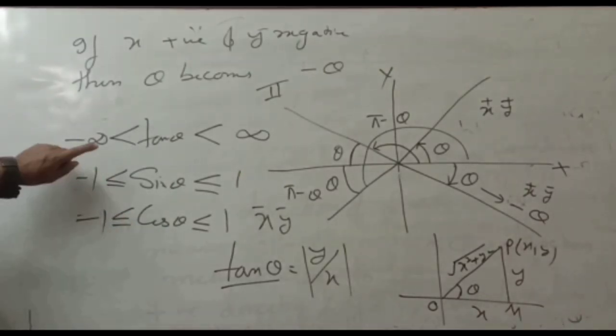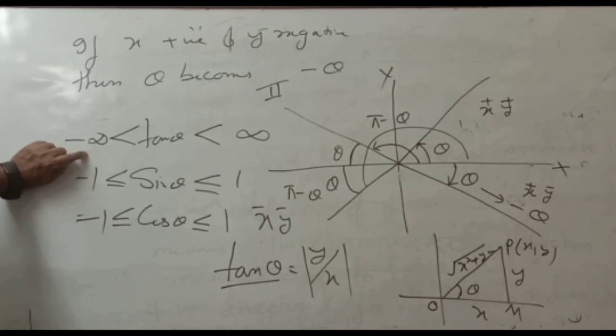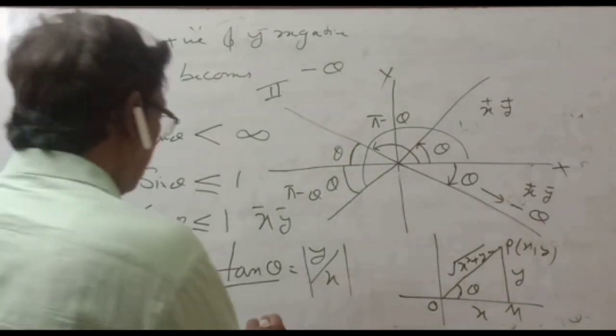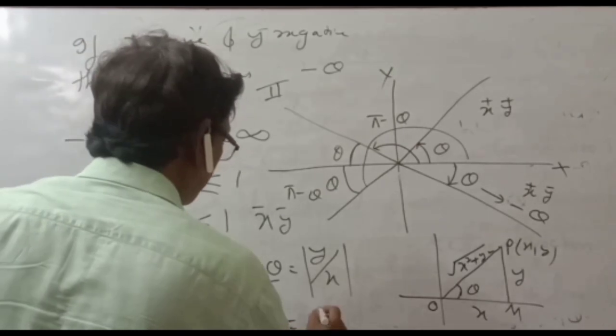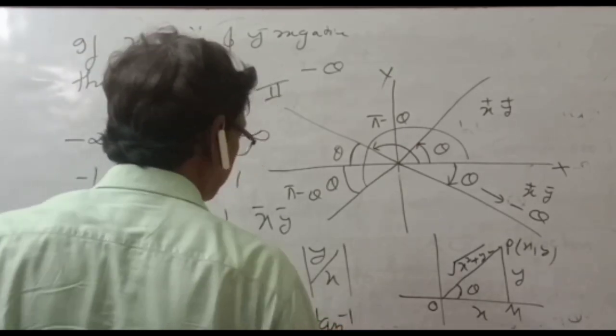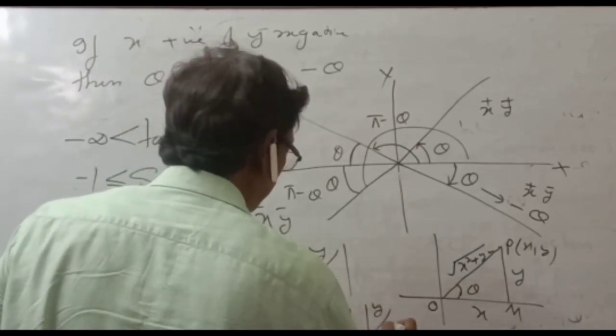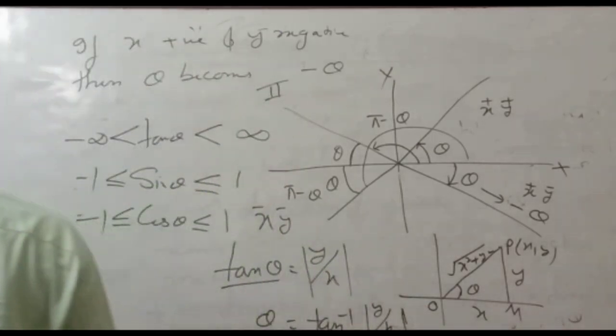So we take only tan theta for every value of theta. Theta is equal to tan inverse of the modulus of y by x. Okay.